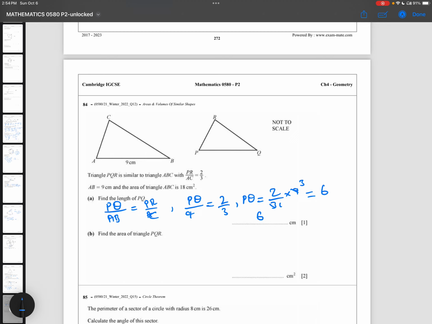Now I have to find the area of the triangle PQR. Now I will be using that similarity ratio formula of area, that is A1 upon A2 is equal to L1 upon L2 whole square. So we need to find the area of PQR. Let's suppose the area of PQR is A1 upon, let's take the area of ABC to be 18 centimeter square is equal to.